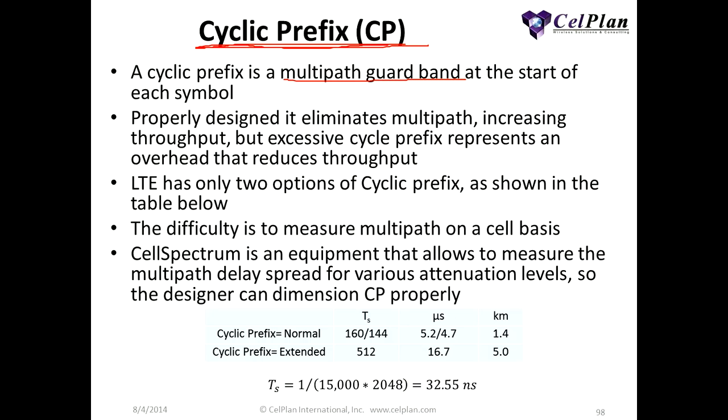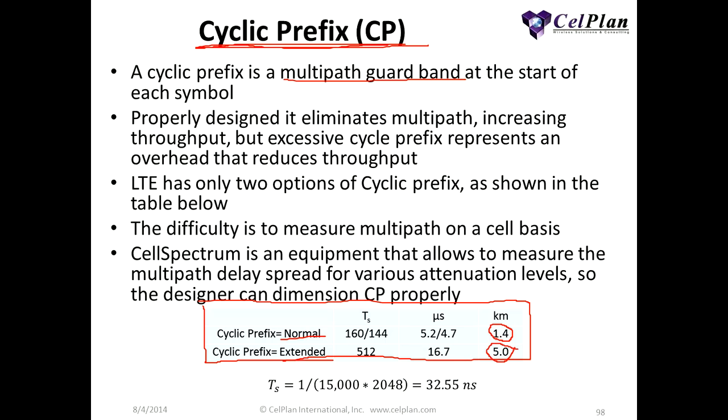If you properly design the duration of the cyclic prefix, we should be free of multipath and should get better throughput. In this table, LTE only allows you to choose between two different cyclic prefixes, the normal and the extended.